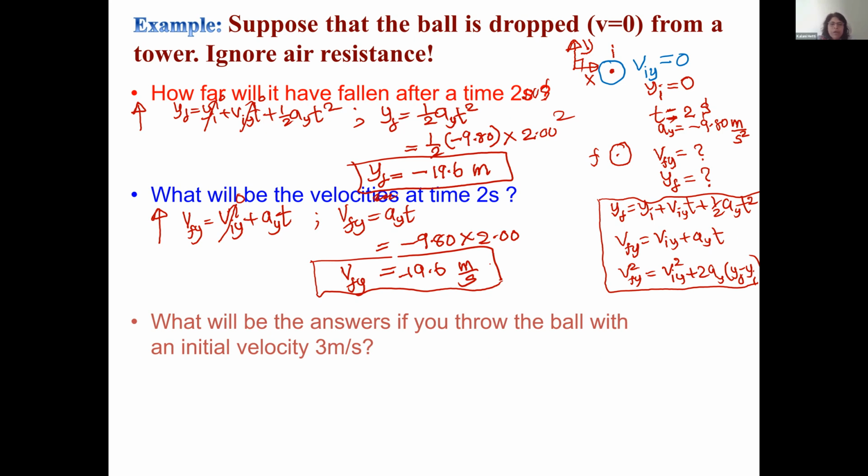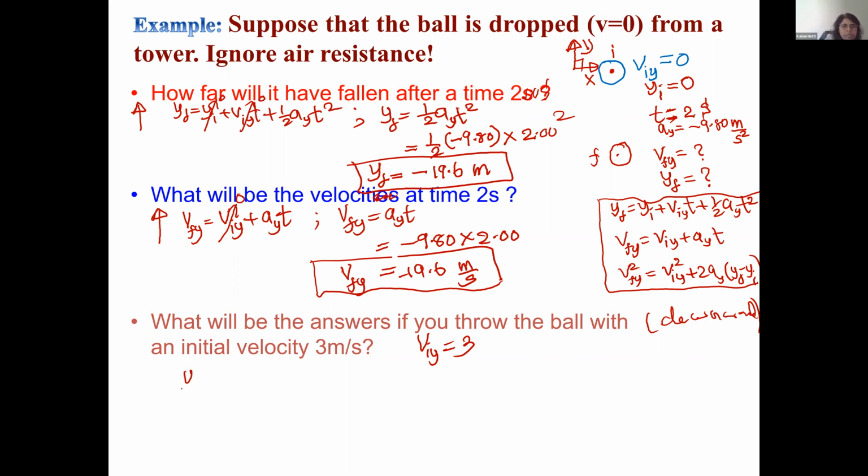Okay. So now what will be the answer if you throw the ball with an initial velocity in the downward direction, not the upward direction? You throw the ball in the downward direction with initial velocity 3. Now, what's the difference? You still have the same question, right? Same time, same question is asking, only the difference is your initial Y velocity is now 3. Then you go back to your first equation.